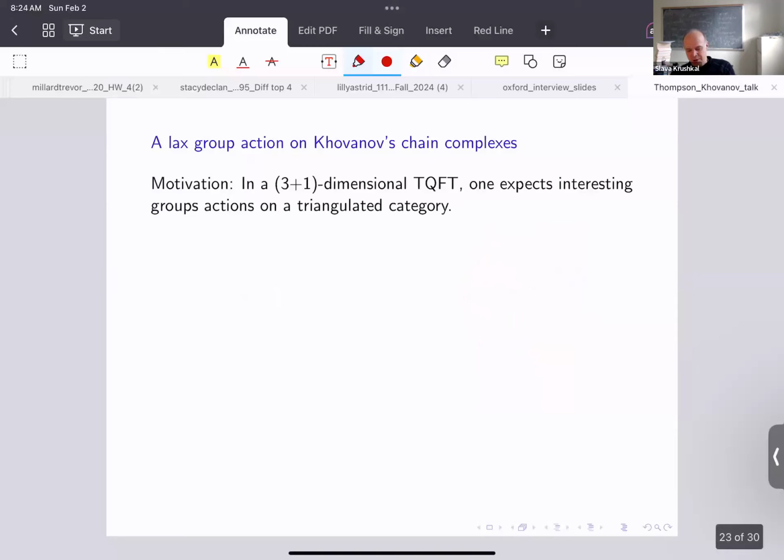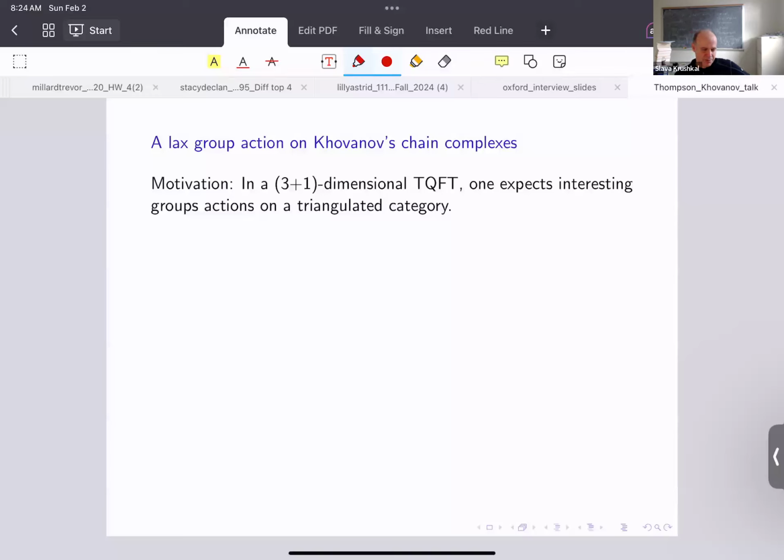Okay, and so our goal here was to study a link homology version of this, and the background or motivation for this is that link homology is in this general 3+1 dimensional TQFT context.